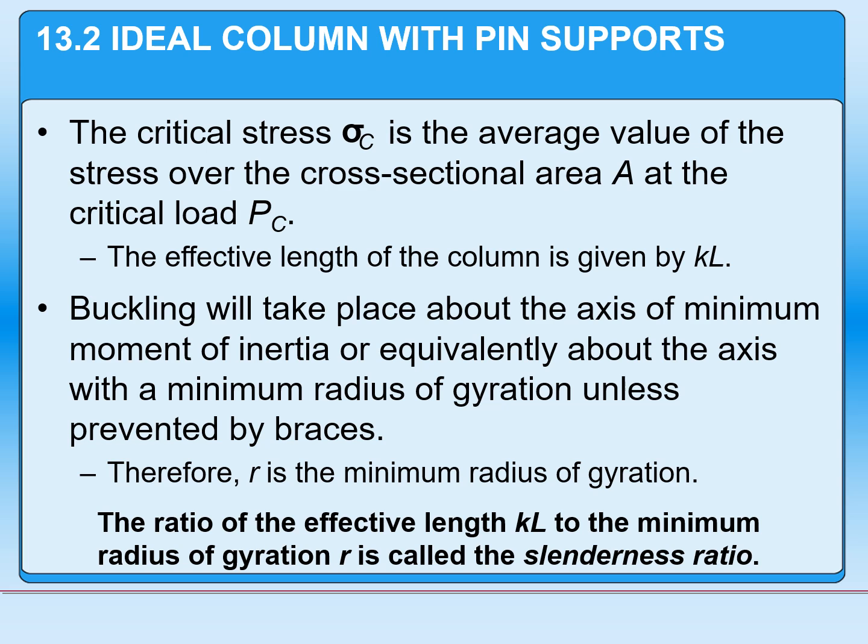So what we're mostly going to be looking for is the minimum radius of gyration r. That's what's going to determine our critical stress and our critical load. So this ratio between the effective length KL and that minimum radius of gyration r is referred to as the slenderness ratio. And we're going to use that widely in our column design process.